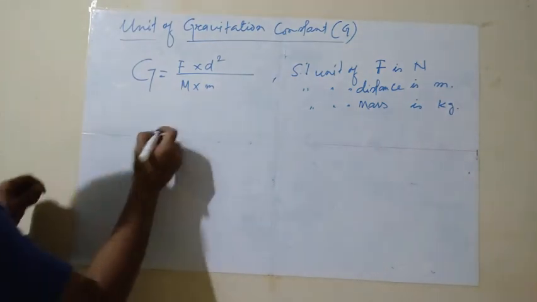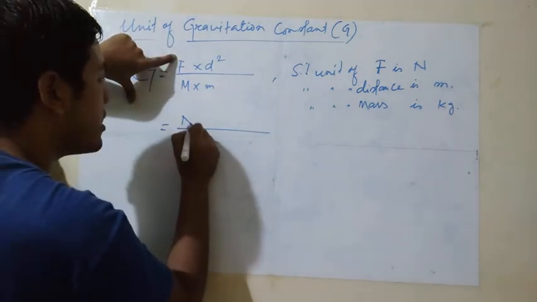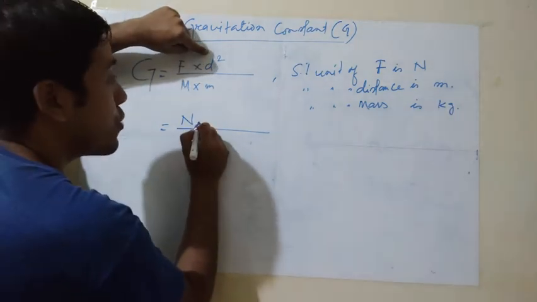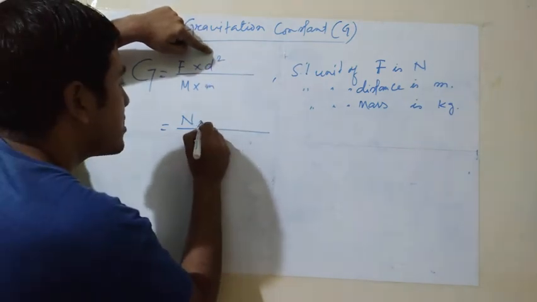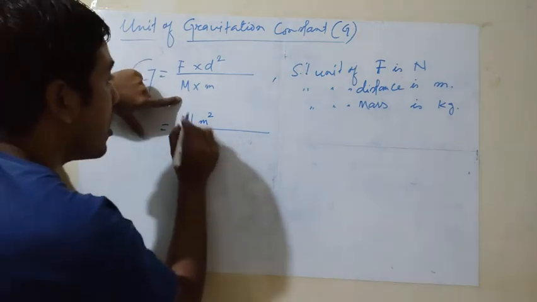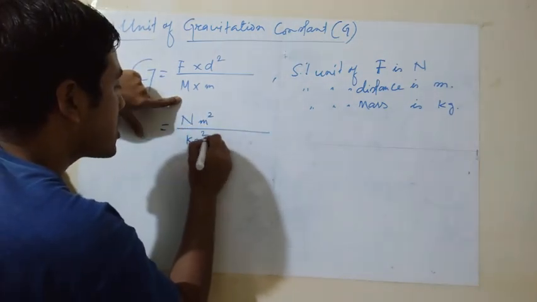Now we can find this. In place of the force, we write Newton, right? Distance, there are 2 distances, so distance square, that is meter square, divided by next, mass, 2 masses, that is kg square.